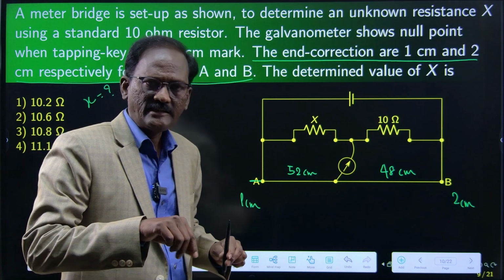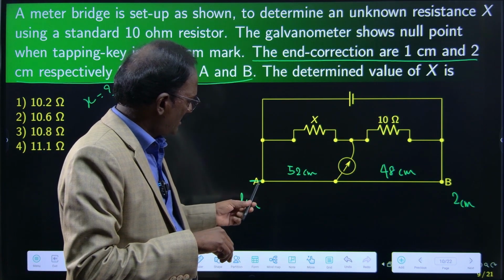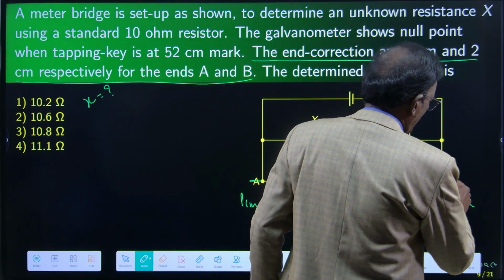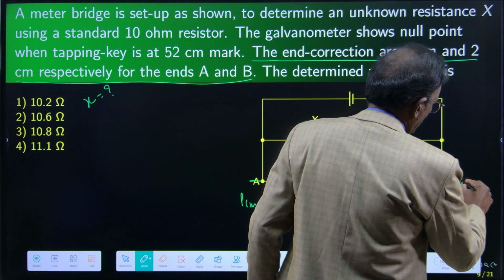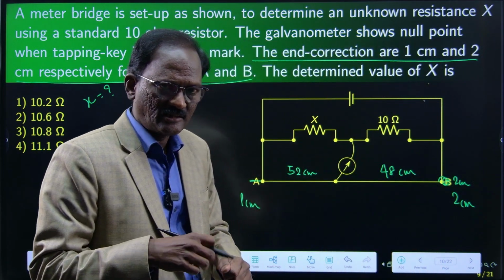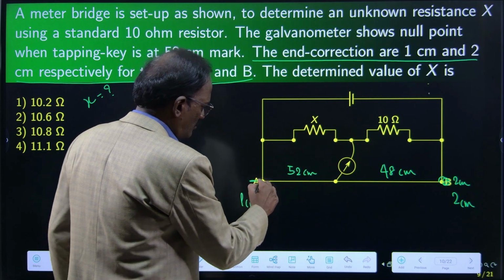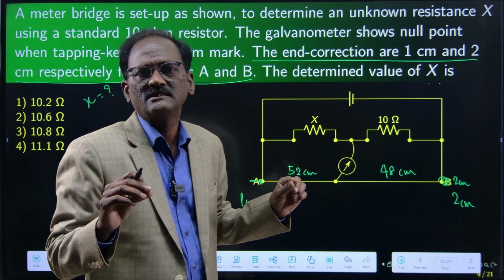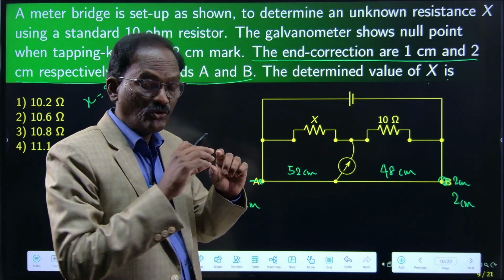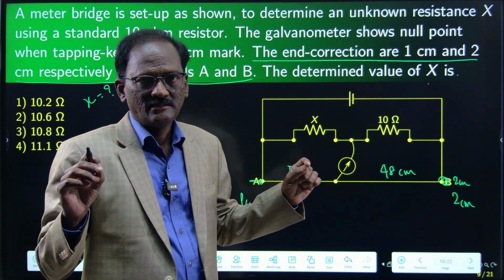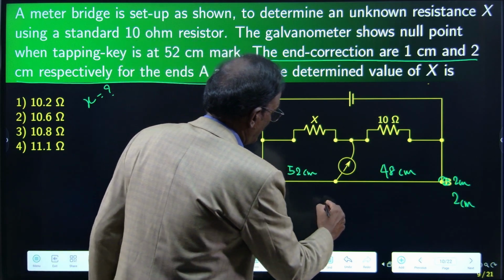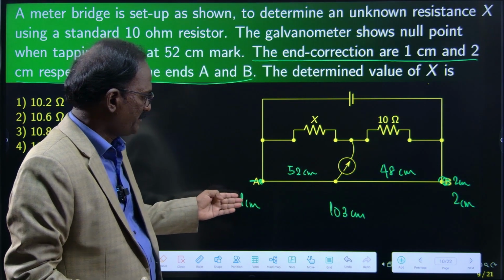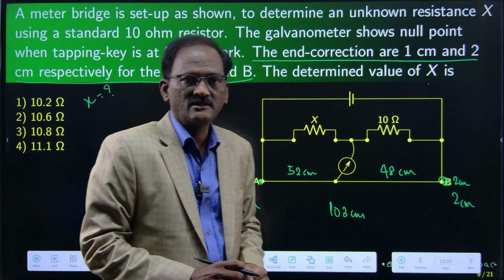So it is tightened at this point A using the screws. Similarly, at point B, 2 extra centimeter of wire is also available. Between A and B, exactly it is 100 centimeter, but the total length of the wire the user used is 103 centimeter, not 100 centimeter.